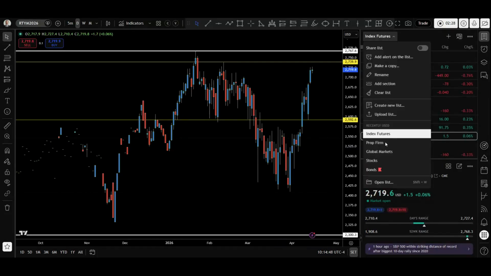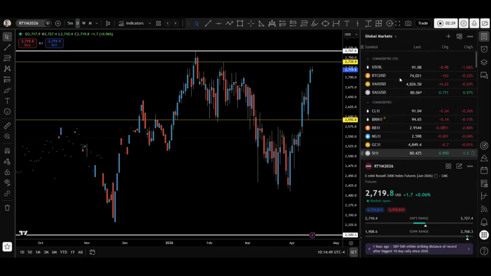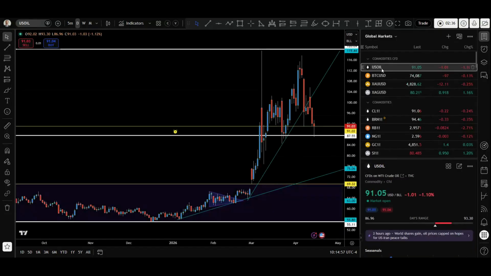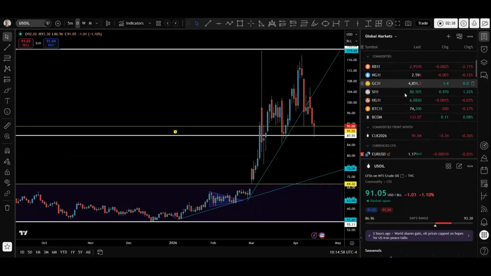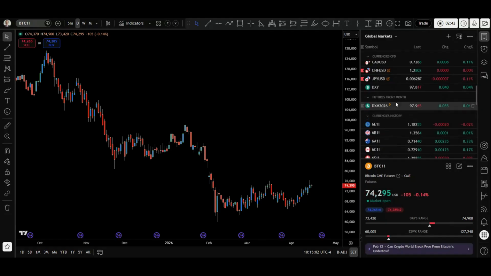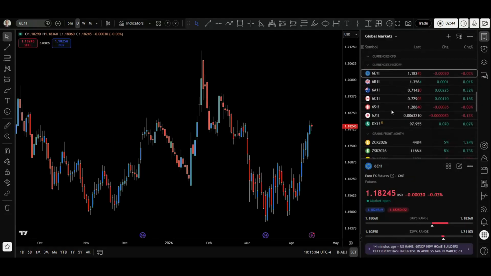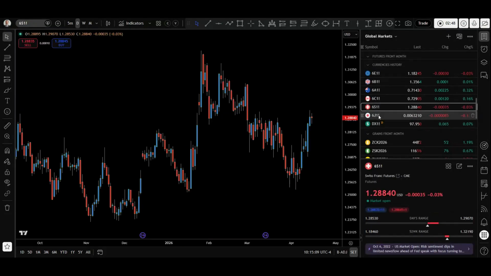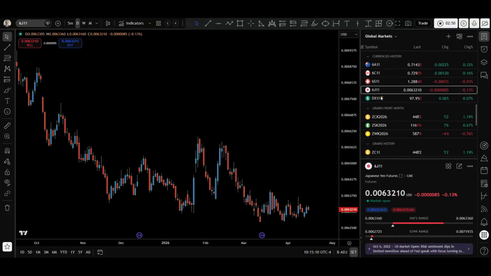But there are other kinds of markets too. There's the precious metals market, like gold and silver futures contracts. There are oil futures, crude oil futures for those who are new. There's Bitcoin futures. There's currency futures like the euro, the pound, the Australian dollar, Canadian dollar, Swiss franc, Japanese yen, US dollar.